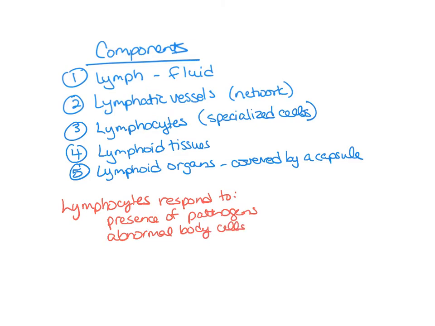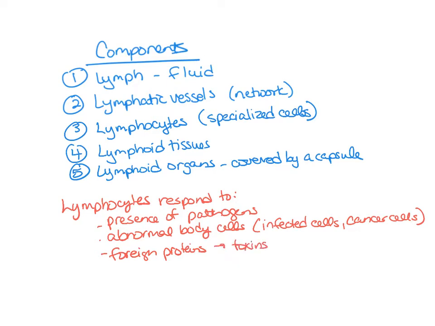So for instance, if one of your cells is infected, or if one of your cells has cancer, the lymphocytes are going to respond to those. They also respond to foreign proteins, things that just don't look quite normal. And so these are toxins maybe that are secreted by cells.